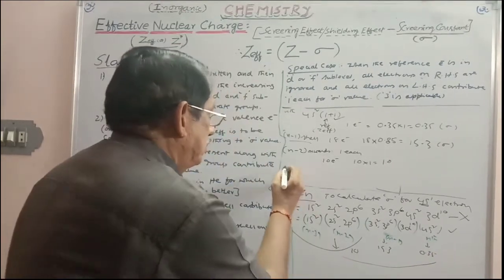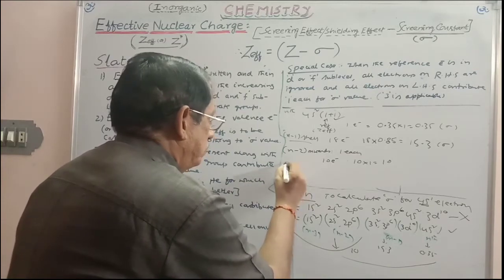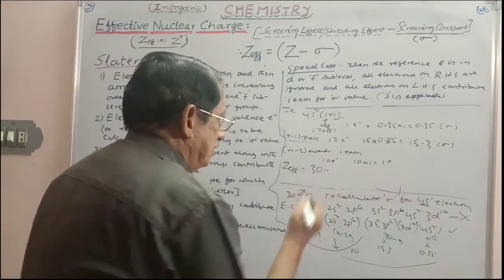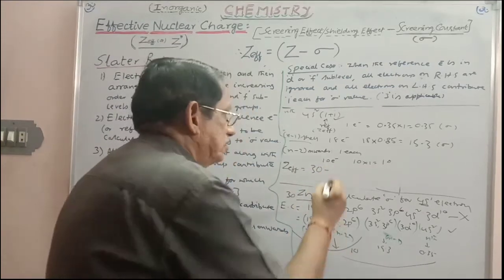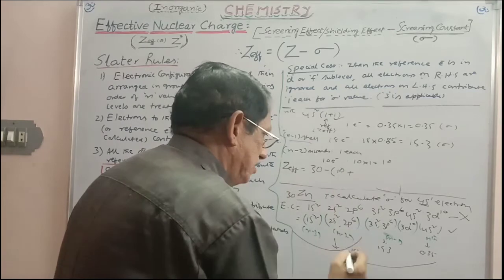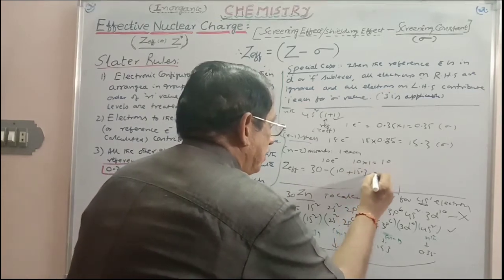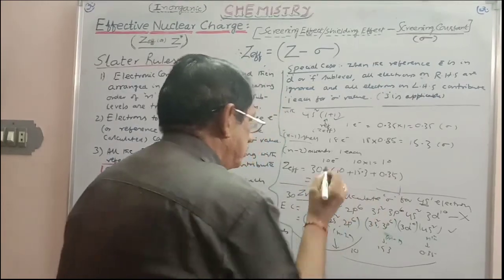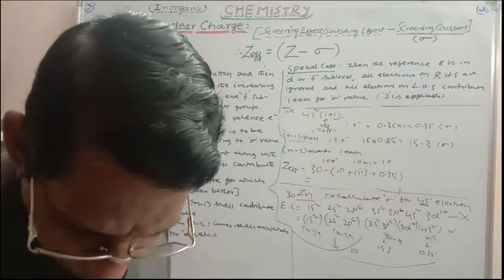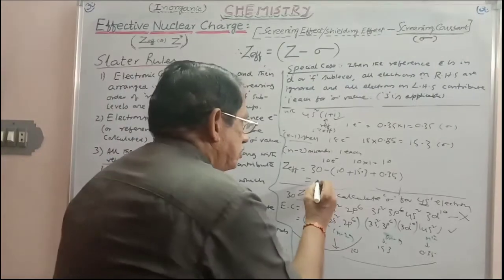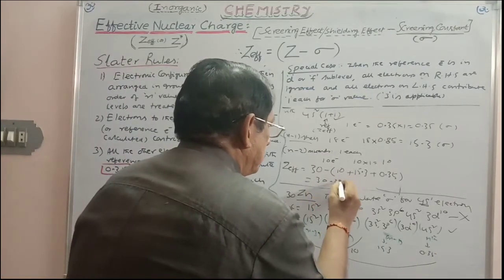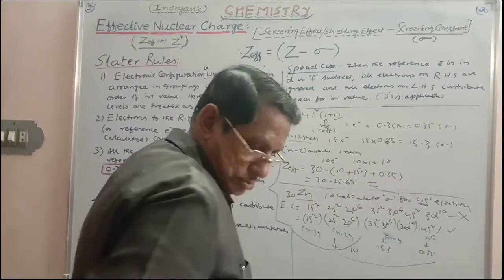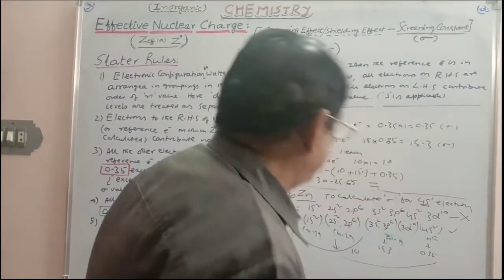So here Z effective is equal to Z, 30, minus all these values: 10 plus 15.3 plus 0.35. If you work this out, 30 minus 25.65 is equal to 4.35.